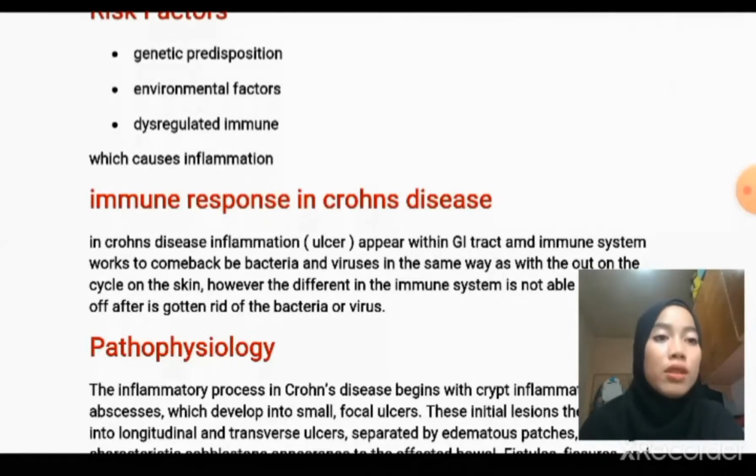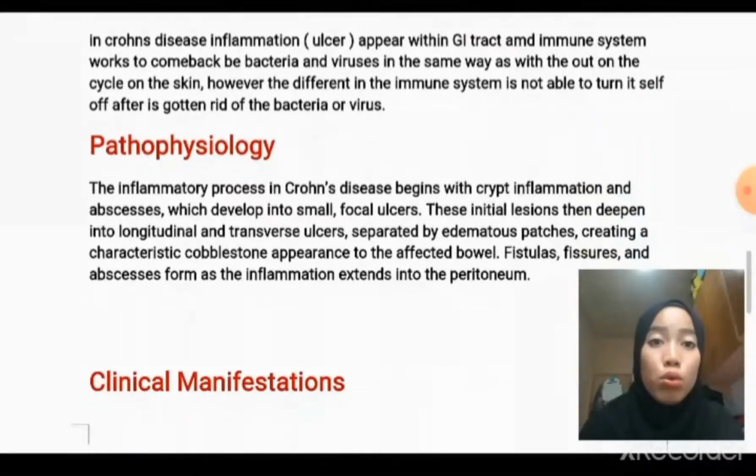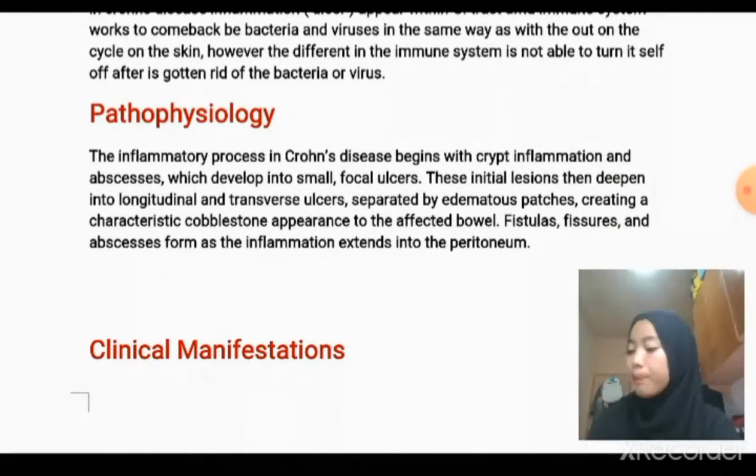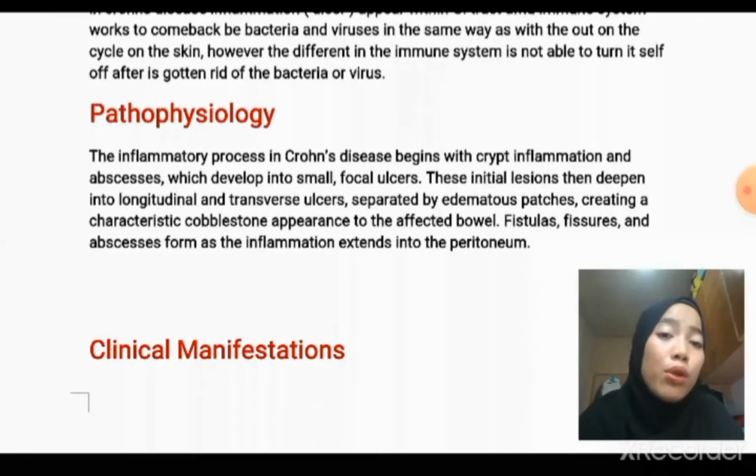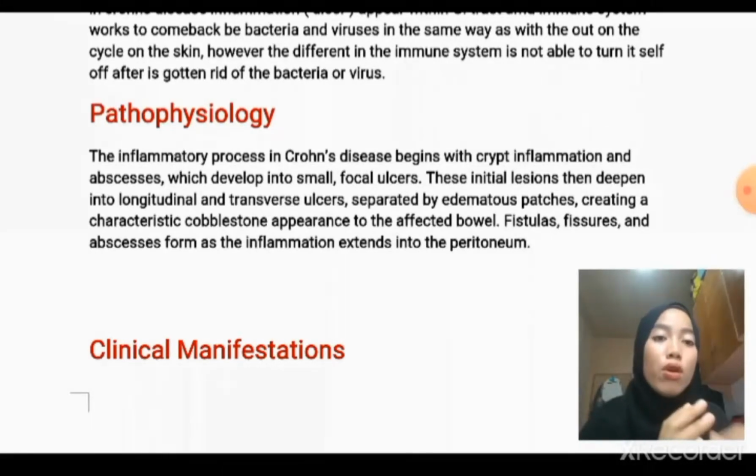Next, we're going to the pathophysiology. The inflammatory process in Crohn's disease begins with inflammation and abscesses in the crypts, which develop into small focal ulcers.